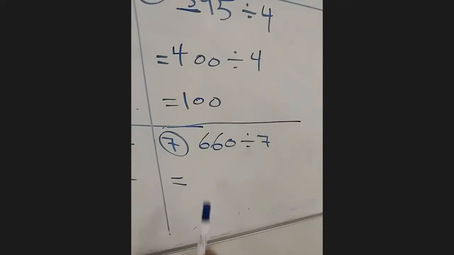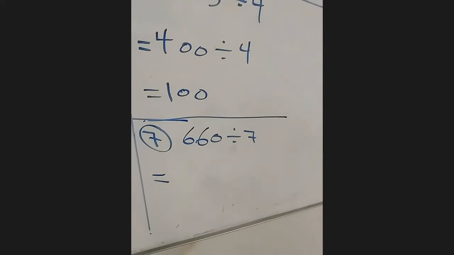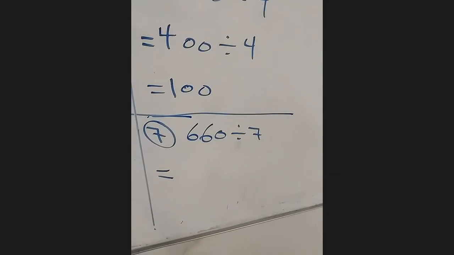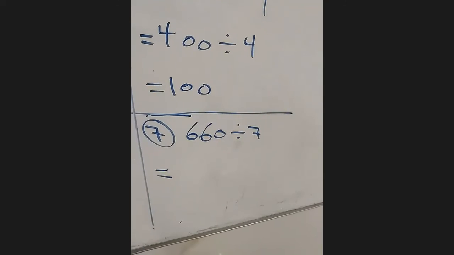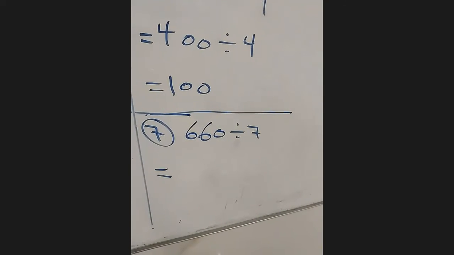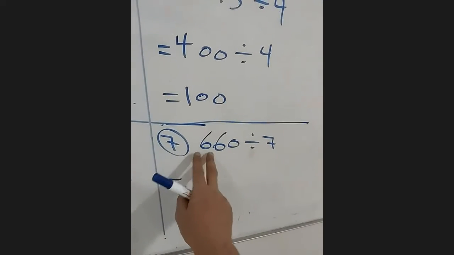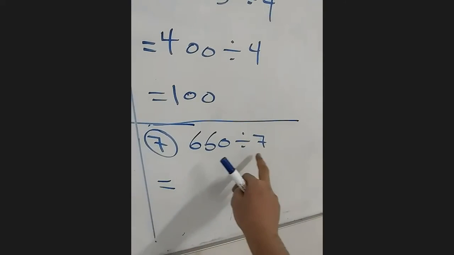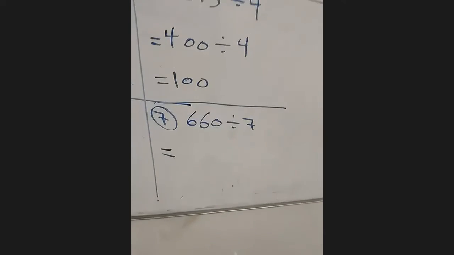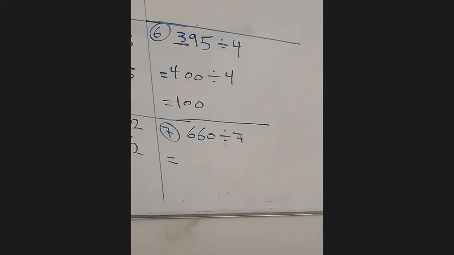Muhammad, go. 66 we have, yeah, we can. 11. Because 6 multiplied. Okay, no. Is 66 divided by 7 equal to 11? No, Mr., I think another one.